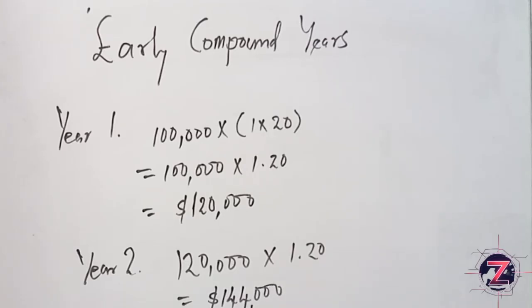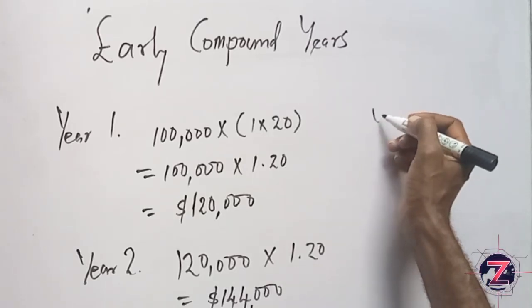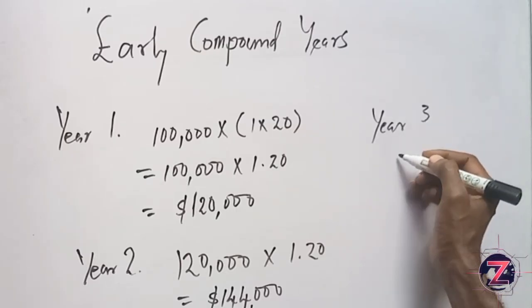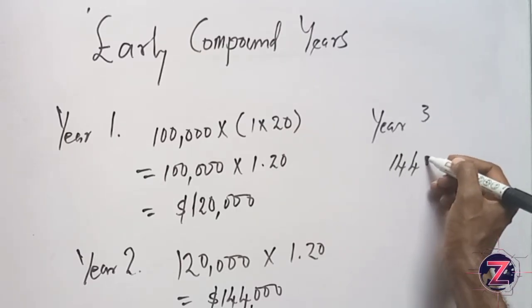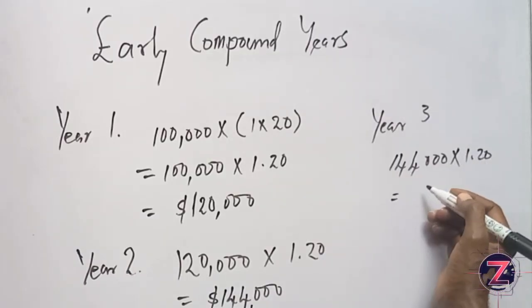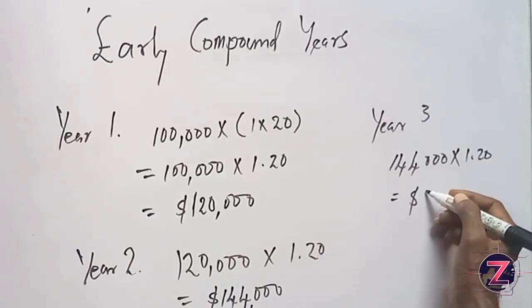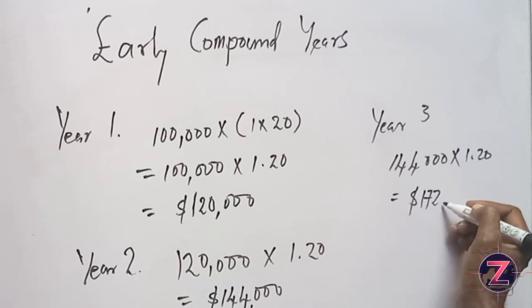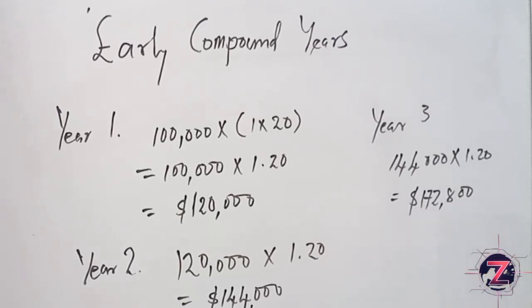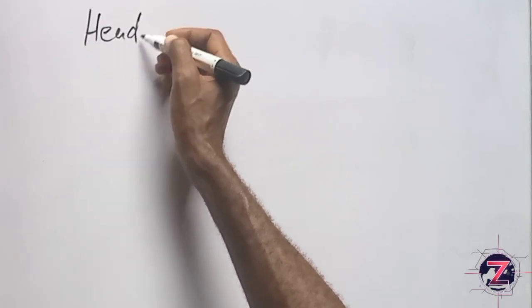Now come to year 3, where we now have $144,000, which will still be multiplied by the same rate in percentage per annum, 1.20, to give us $172,800. Notice that the increase keeps getting larger. The growth itself is growing.